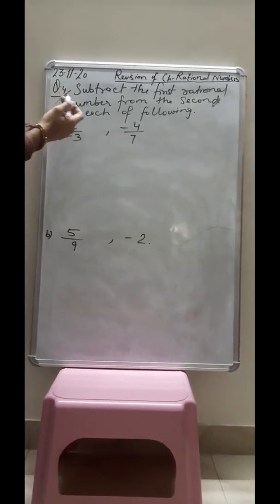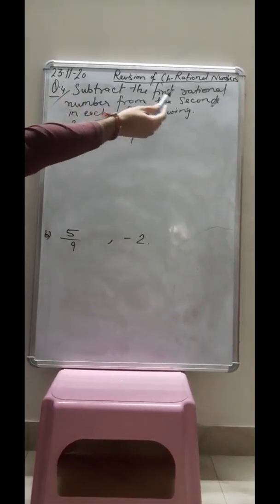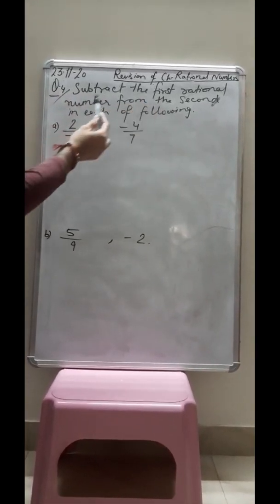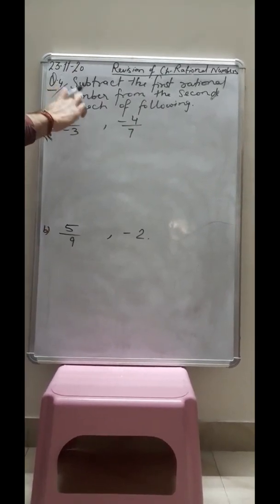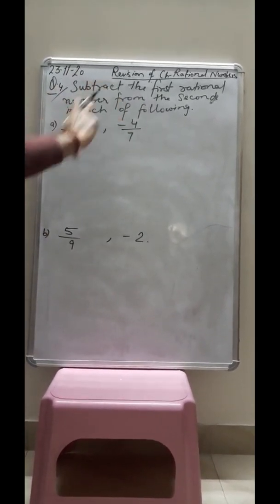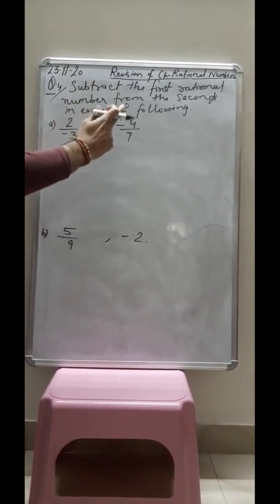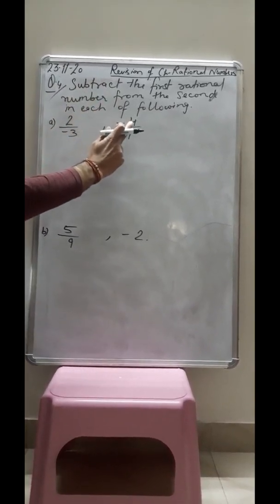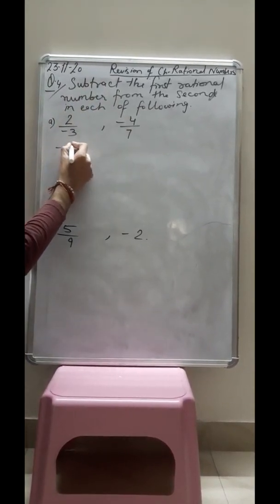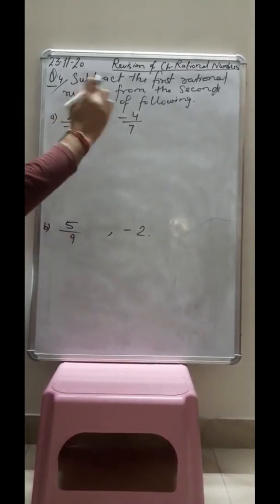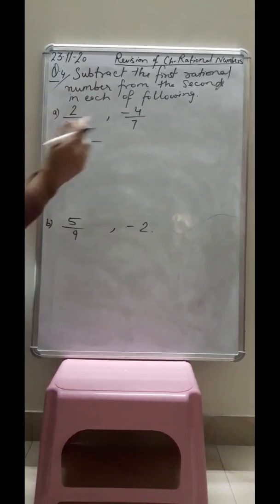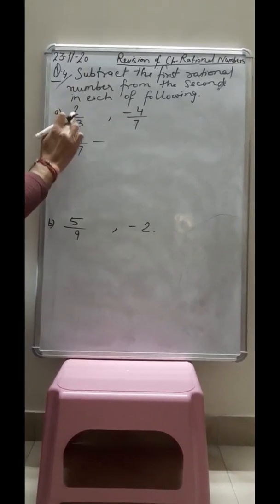Question number 4 is, subtract the first rational number from the second in each of the following. So in the question we have been asked to subtract the first rational number from the second. That means the second rational number will come first, and from it we have to subtract the first one, and the first one is 2 upon minus 3.